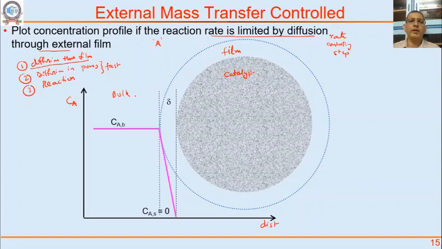This is how it will look like. Concentration of A in the bulk. As soon as it comes to surface, it is 0, because this is the slowest step. It diffuses very fast, reacts very fast. Imagine as if you are sitting here, you are very hungry, and this A is food that is coming to you.